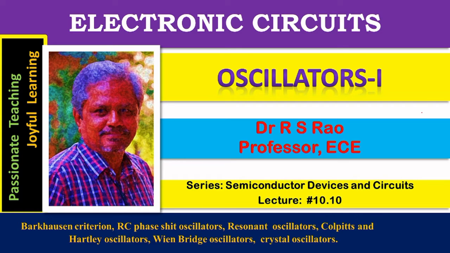For a feedback amplifier to become an oscillator, these two real equations, one on the magnitude of loop gain, another on the angle of loop gain, require to be satisfied by the circuit.